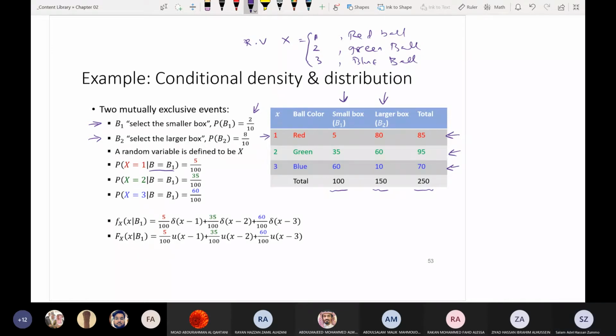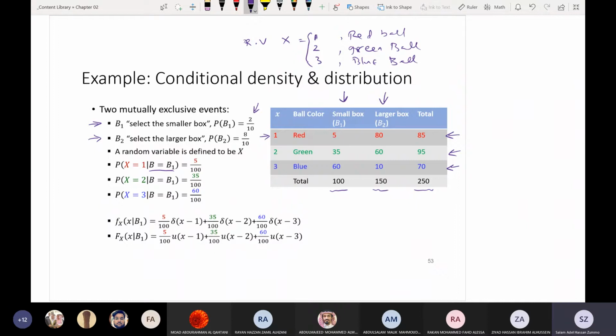Why 1? You said we choose a ball from a box of balls. That's what I didn't understand. Now, given that I chose a ball from box 1, given that I already selected box 1, what is the probability that X equals 1?